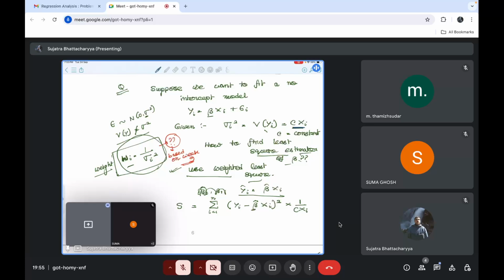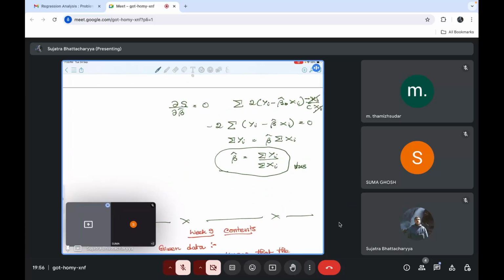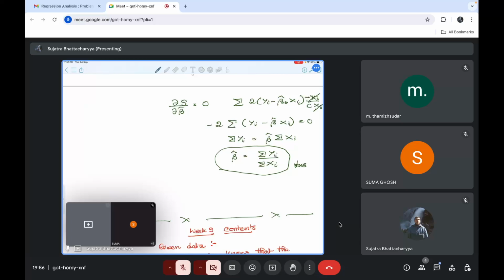The entire derivation we have done to understand why it is 1 by sigma i square. And now if you know that W is equal to 1 upon sigma i square, we have just put it in the weighted least square method. That is just the residual square times the weight, and the weight is 1 upon sigma i square. So that is what we have done. Based on that, you can calculate beta hat, whatever you require.